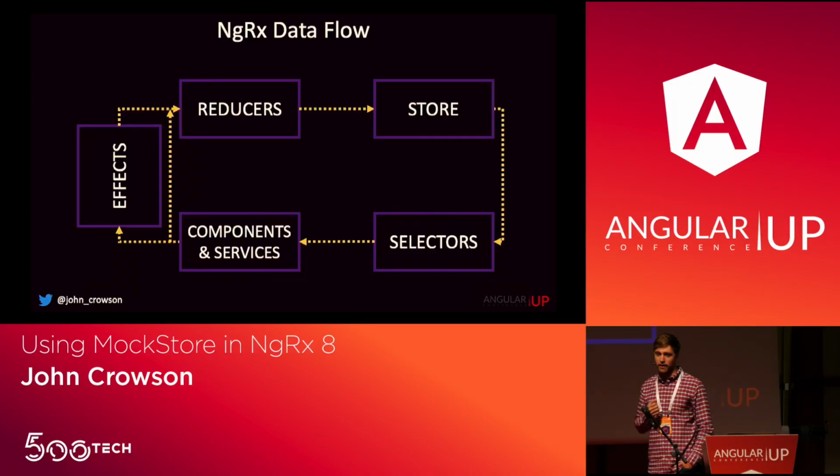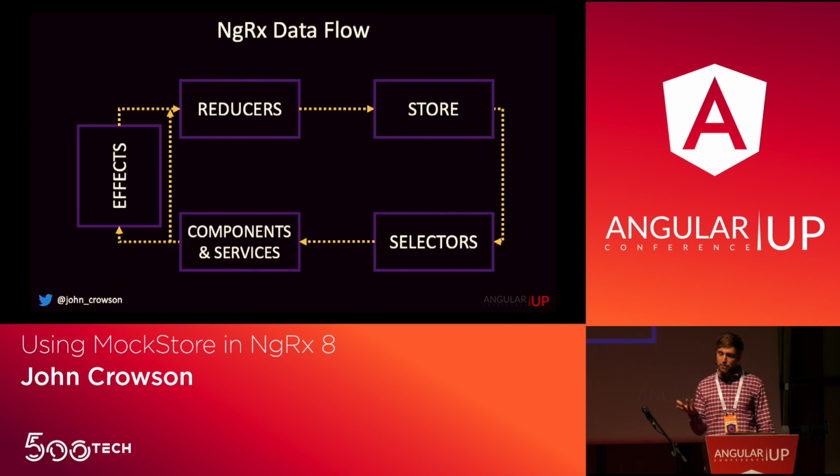If you use NgRx, you should be familiar with this diagram. This is the general data flow of NgRx. Our components and services are responsible for dispatching actions. Those actions are intercepted by our reducer, which uses the previous state along with the action to generate a new state, which is put into our store.